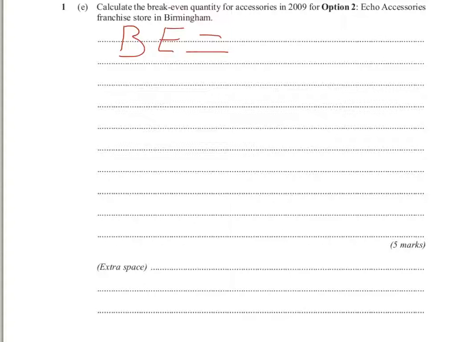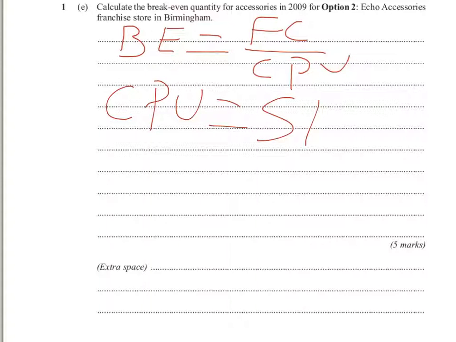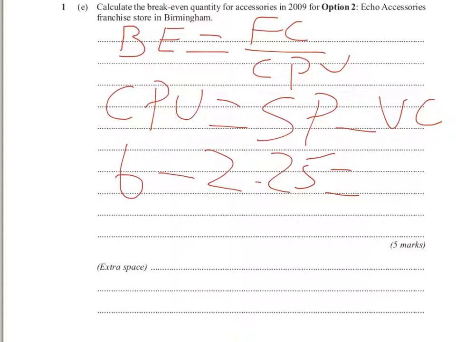Break-even equals fixed costs divided by contribution per unit. To work out contribution per unit, it's just the selling price minus the variable cost. Remember, you're calculating this for option 2, so the selling price is £6 and the variable cost is £2.25, which makes the contribution per unit £3.75.